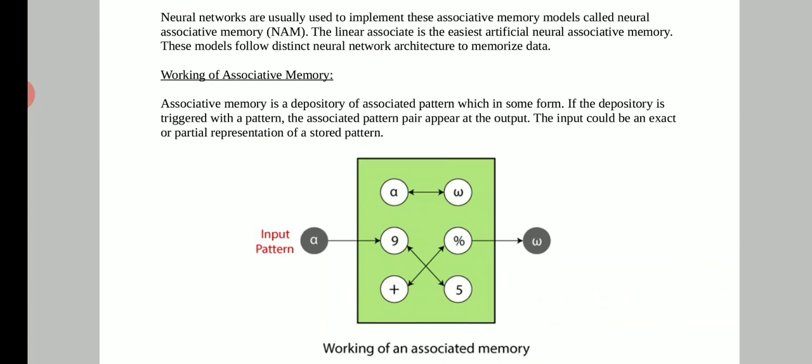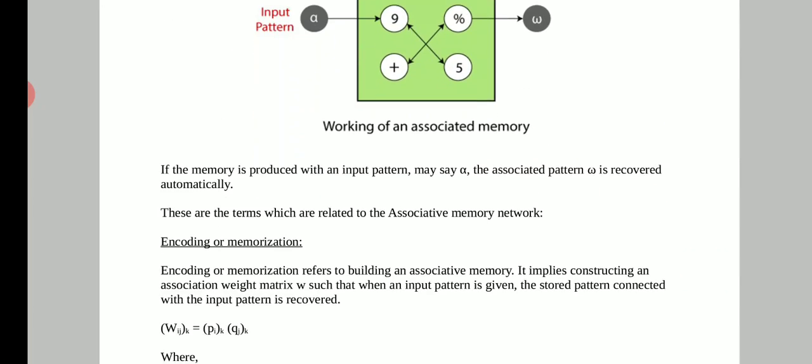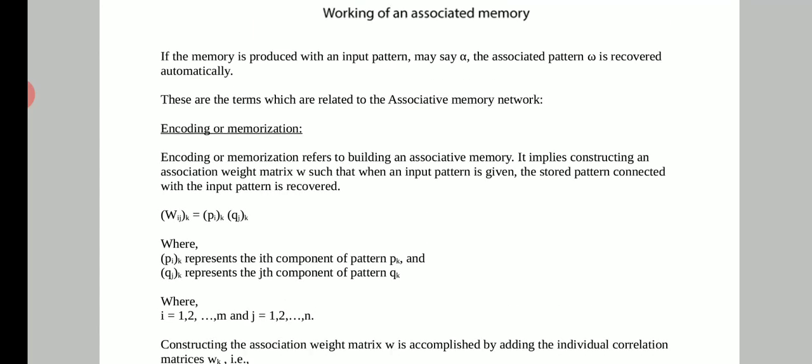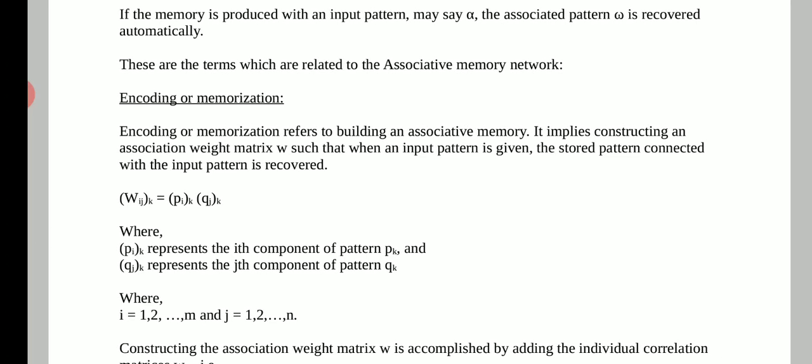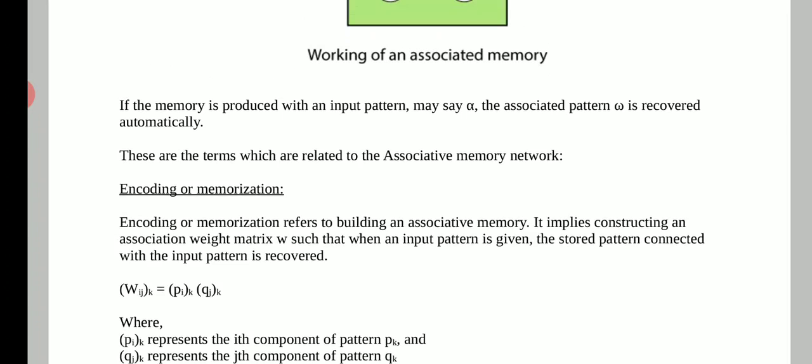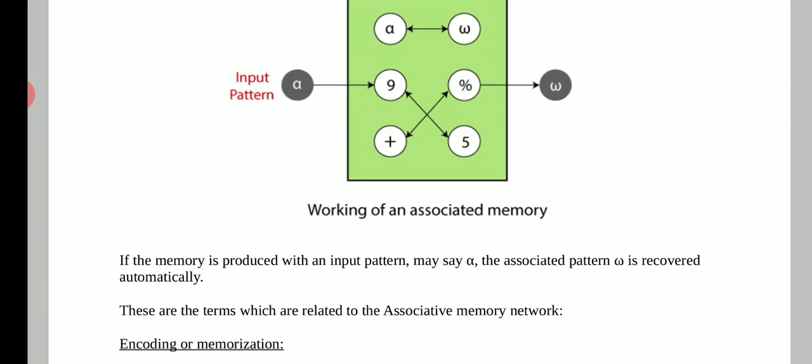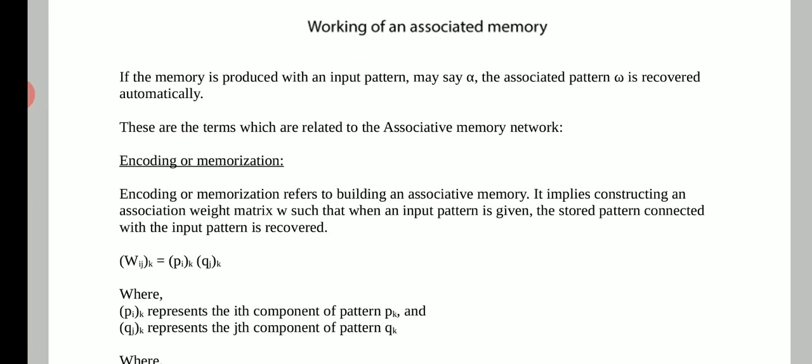Now there are different types of memory models which explain the working of associative memory, and there are a few terms. First of all is encoding. What builds up this particular green box, what associates the inputs, what is the mathematical model?